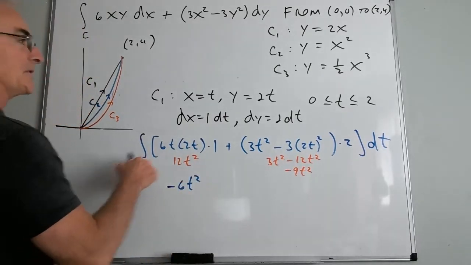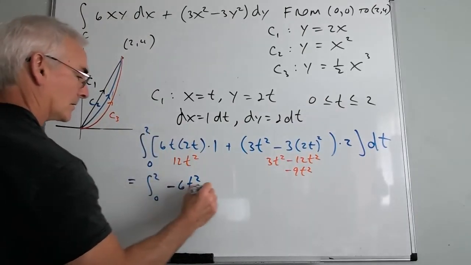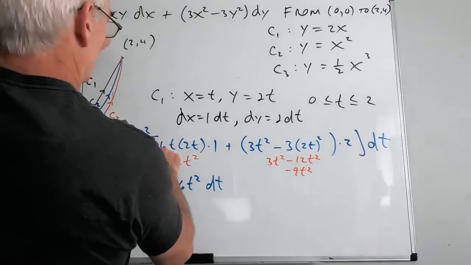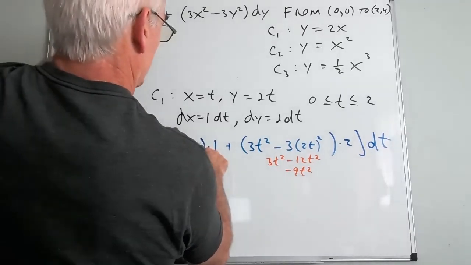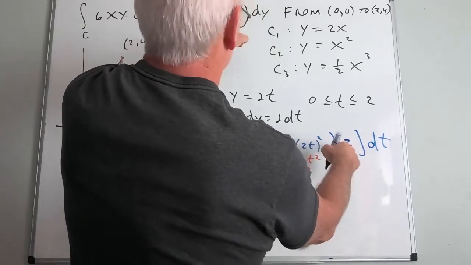Now, what about my limits of integration? We already said they're going to be 0 to 2. Well, that's not so bad. I think I did this right. Hopefully we didn't make any algebra boo-boos. Again, 6xy dx plus (3x squared minus 3y squared) dy.